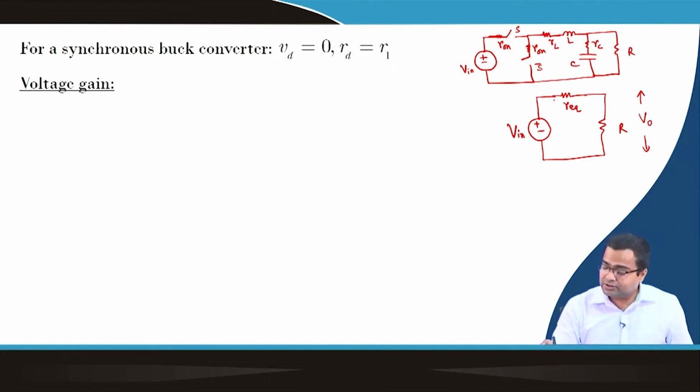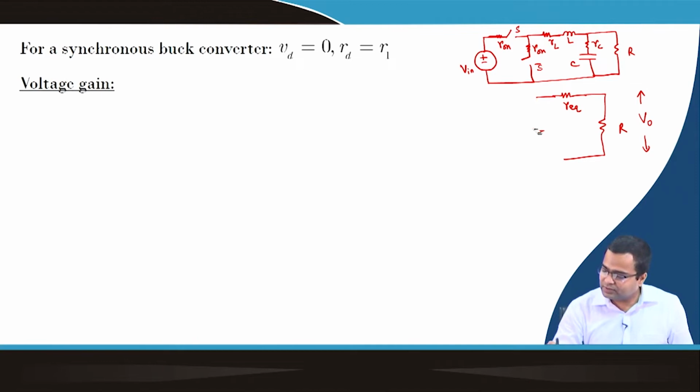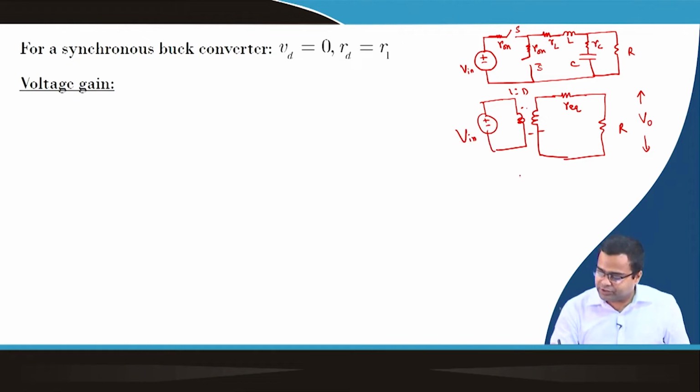Sorry, there is a transformer term here, a DC factor which is 1:D, and this side you have Vin. That means, if you transform, it will be D times Vin, then R equivalent, then R, and this is my capital V0.